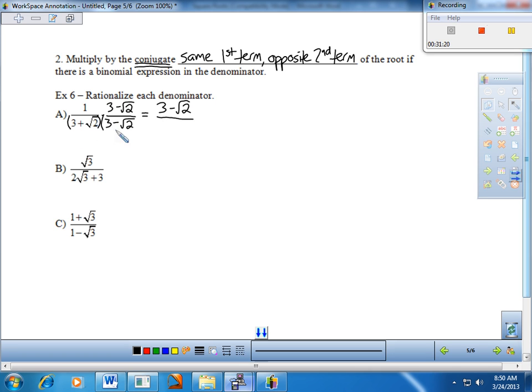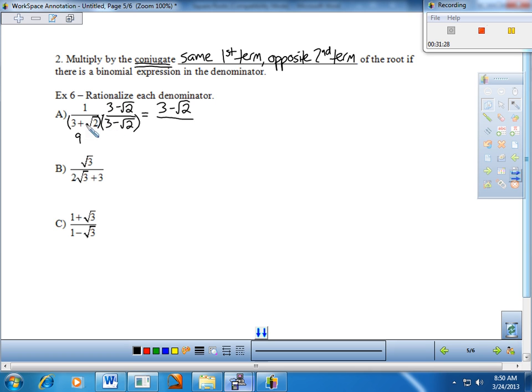And watch for the whole reason for doing this, by the way. This technique works out nicely. If I asked you to FOIL, you would do 3 times 3, which is 9. You would do the outside, which is negative 3 root 2, and the inside, which is positive 3 root 2. Oh, awesome. They cancel. Just be careful on the last.